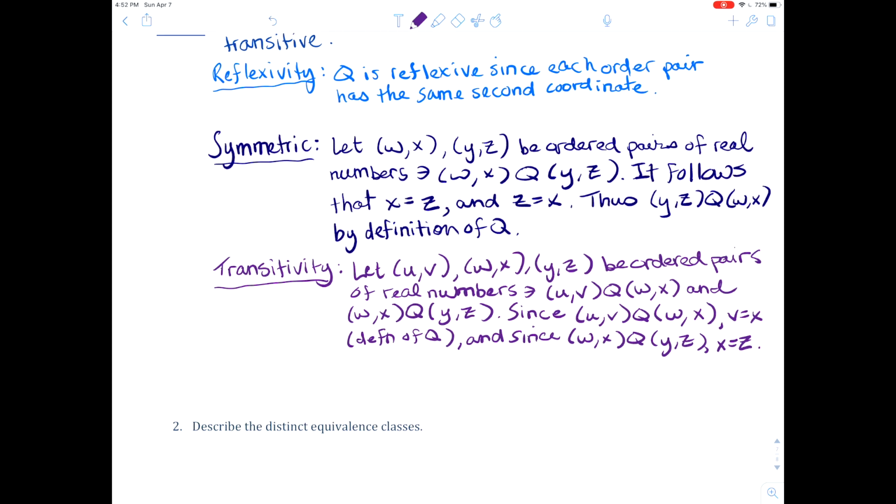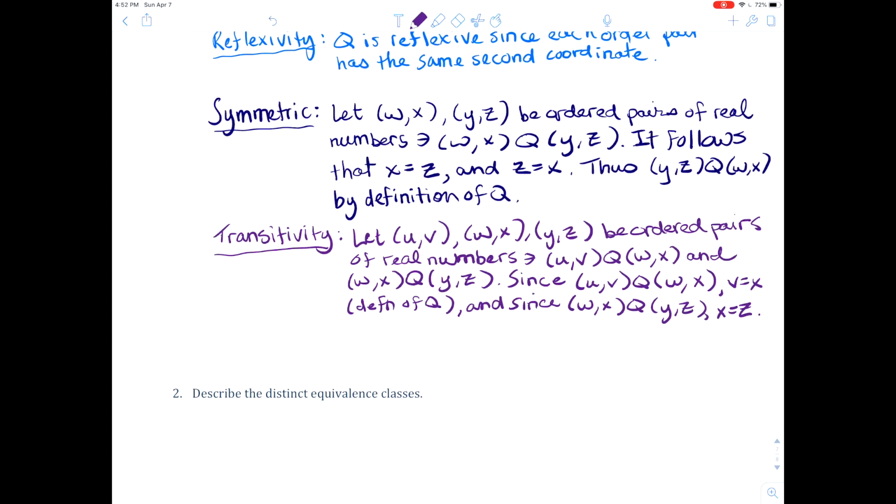And that's again by definition of Q. So what do we have? Since v is x and x is z, and they're real numbers, we know that v is equal to z.